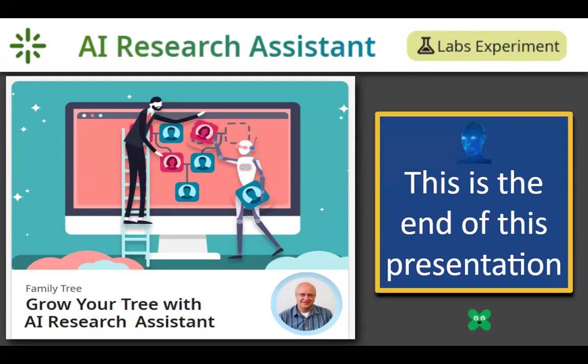Or if you go to the person page and ask the research assistant, you can ask it questions and it might be able to help you. They're going to add more and more capabilities to that research bot as time goes on, but right now it's mostly looking at records and finding new people for you. That's the main focus of it.